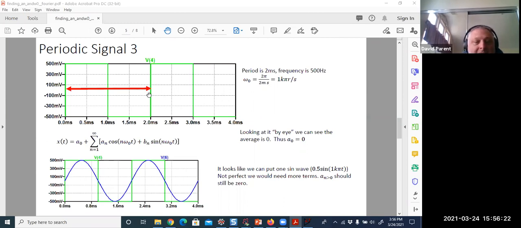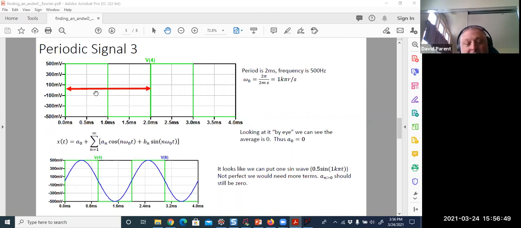Looking at this, I can see that the period is 2 milliseconds, and so omega naught is 1 kilopi radian per second, to keep it easier. And you can see the DC average is 0.